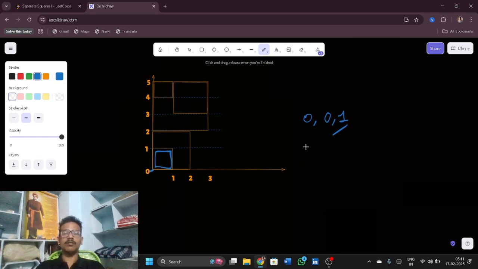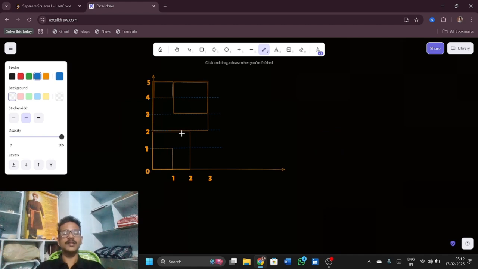And if we are given 0, 0, 2, then there will be a square parallel to the x-axis, with 0, 0 as the bottom left point and side length 2. So these are the squares given.